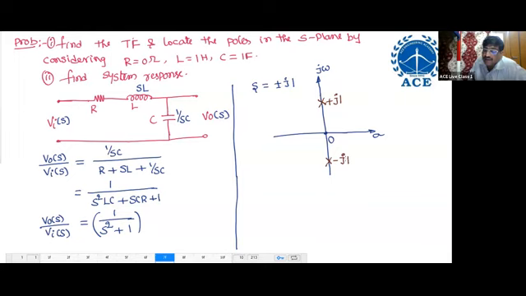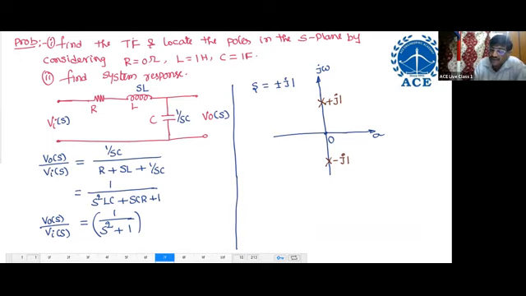Now tell me, what is the time constant, anybody? Time constant definition: minus 1 by the real part of the pole location. Right, the time constant is infinity.